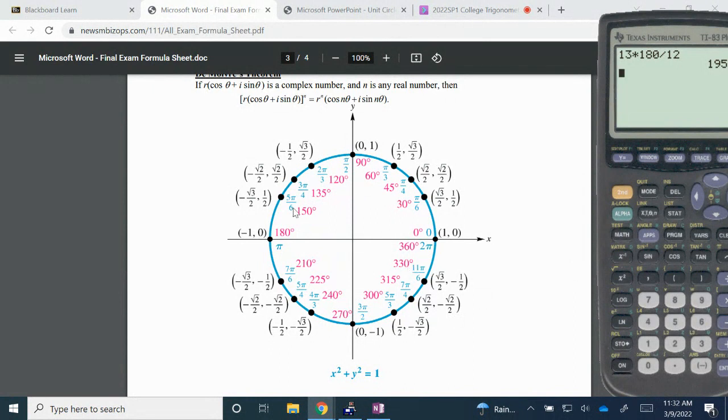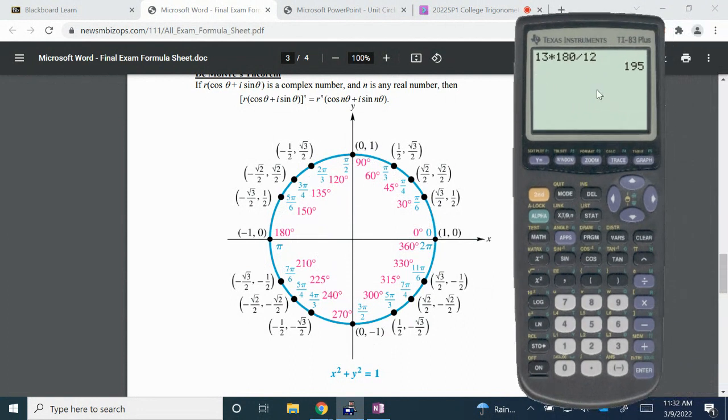Now, normally in the example that I showed before we left, we were able to take an angle that was in the unit circle and cut that angle in half, because these angles in the unit circle run from 360 degrees. What I'm going to do in this case is take the 195-degree angle, which we have, and actually double it.